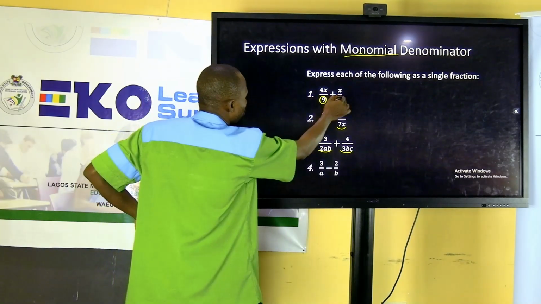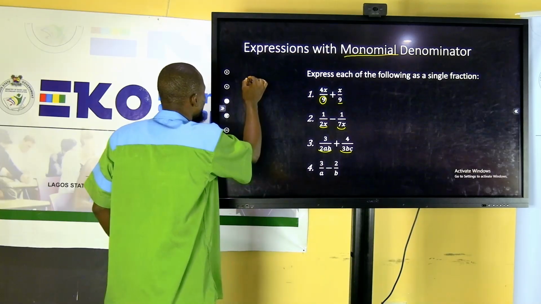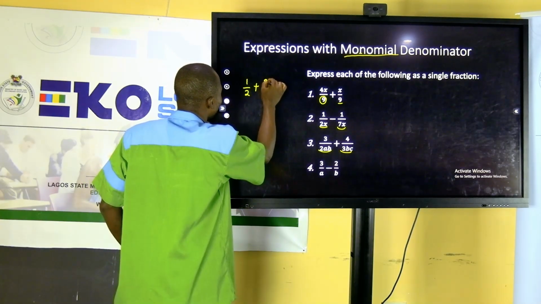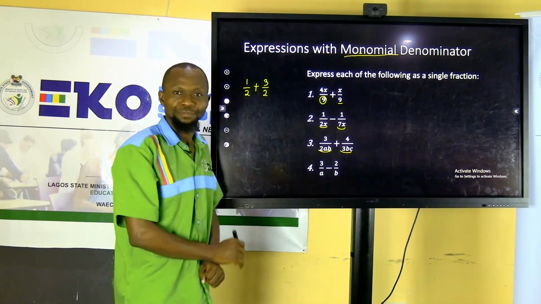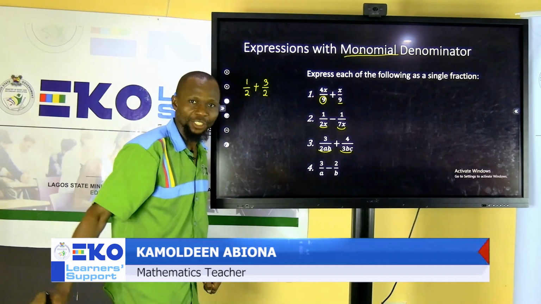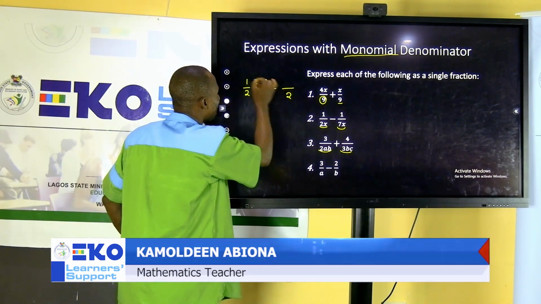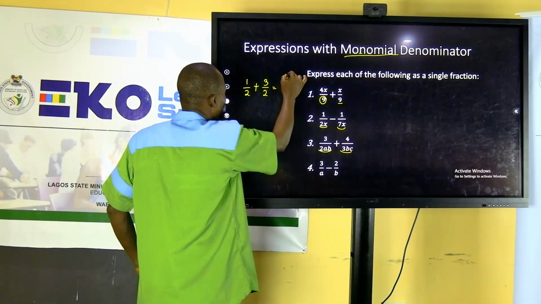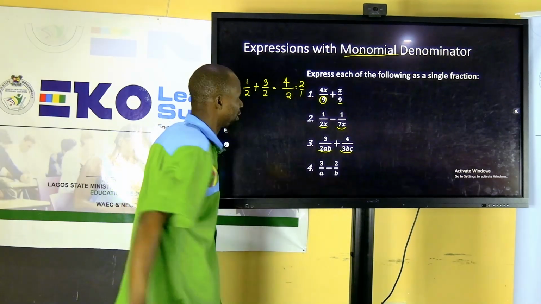Yes, we have just single numbers here. Remember that if you have 1 over 2 plus 3 over 2, once we have the same denominator, and that is what you can see here. What do we do? We just take a common denominator and add the numerator. So 1 plus 3 is 4, and that will give us 2 over 1. Yes.